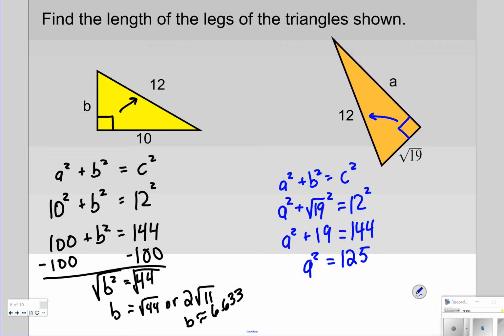And when I take the square root of both sides, I find that a is equal to the square root of 125, or when you simplify that, that's the square root of 25 times the square root of 5. So that'd be 5 square root of 5. And again, the decimal approximation of that, if we used our calculator, would be a is roughly equal to 11.180.